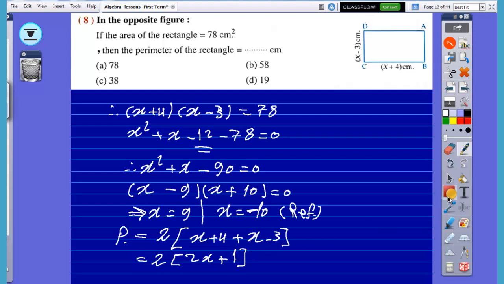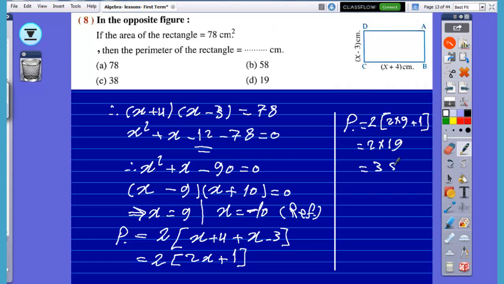Now substituting x equals 9, what we get? The perimeter equals 2 multiply 2 multiply 9 plus 1 equals 2 multiply 19, which equals 38, and we'll choose letter C.